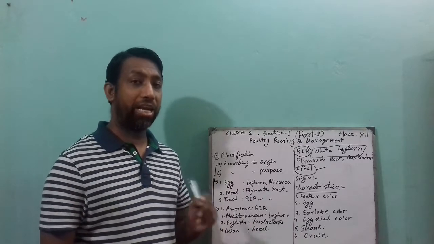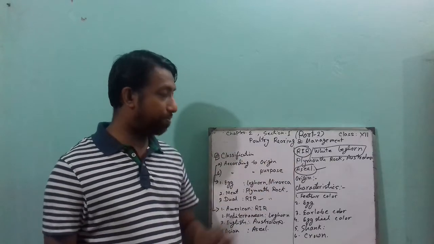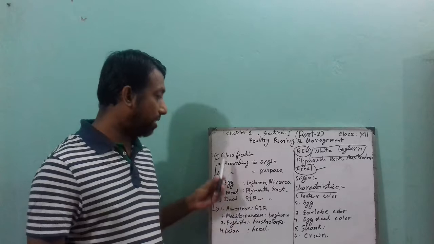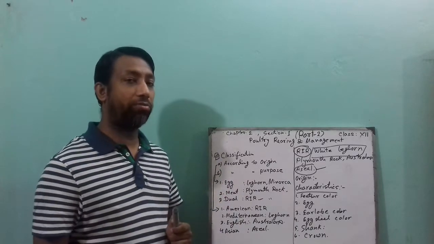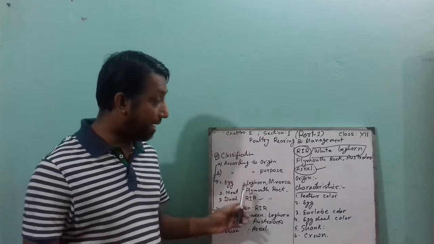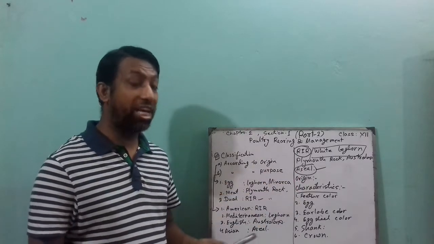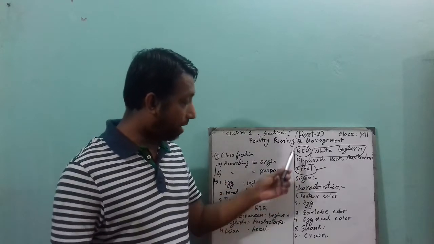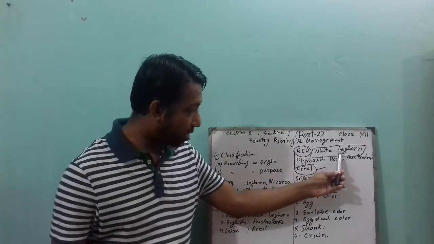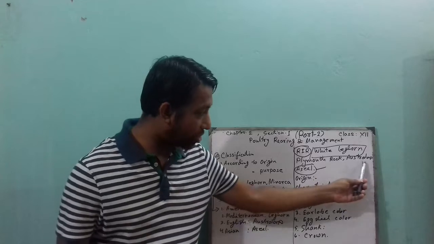So again, I repeat, this second part of class section 1 part 2, which is classification of poultry birds, is very important. Then the characteristics of each and every poultry bird, which are Rhode Island Red, White Leghorn, Plymouth Rock, Australorp and Asil.